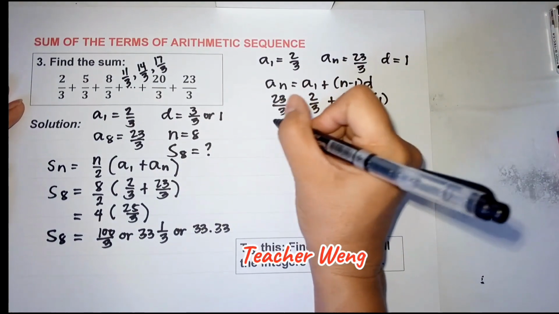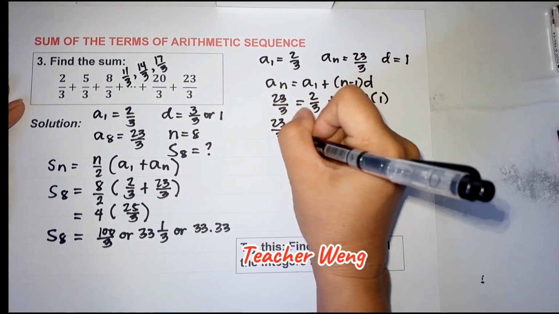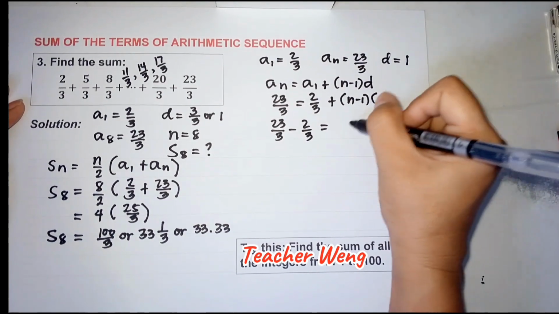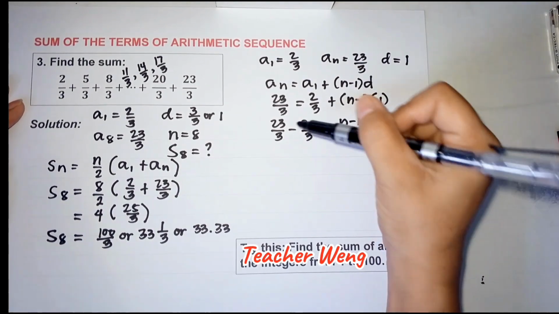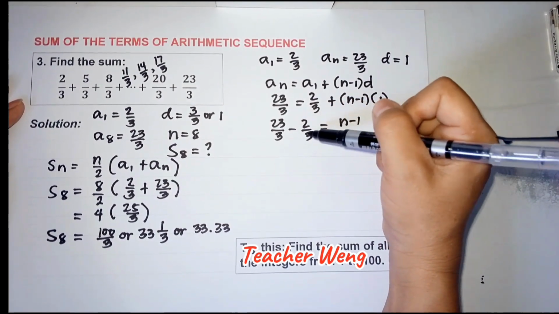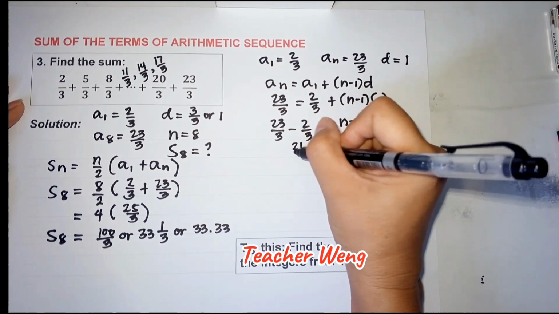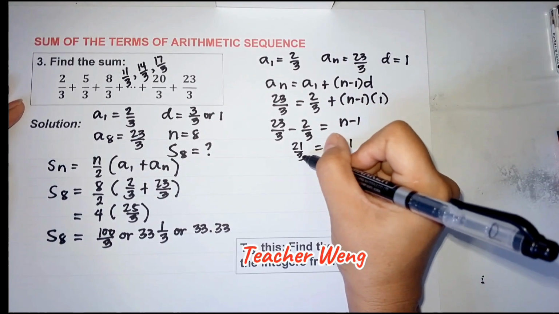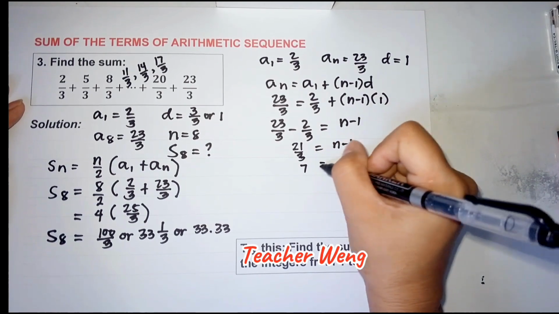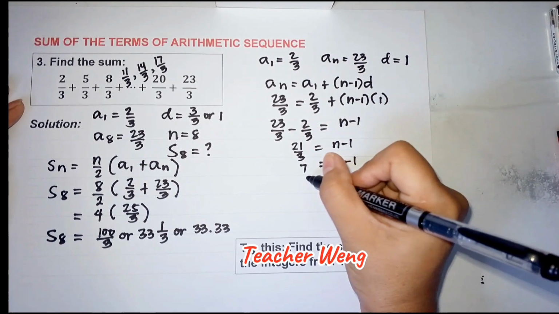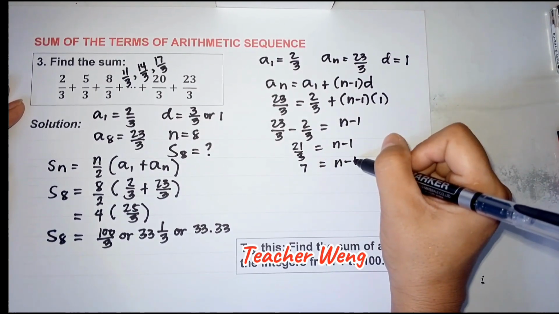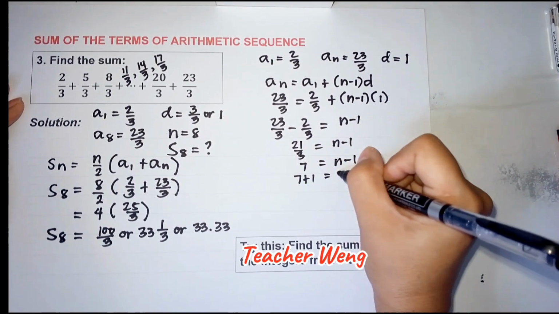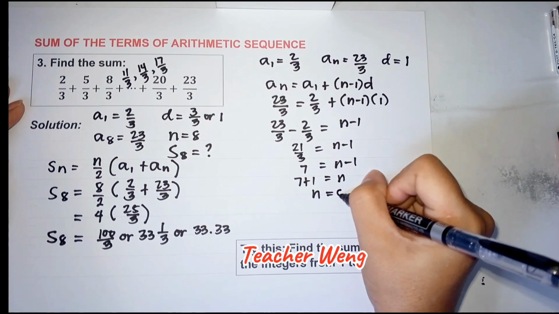Let's transpose 2/3. That will be 23 over 3 minus 2/3 equals n minus 1 times 1, which is n minus 1. Then 23 over 3 minus 2/3 is 21 over 3 equals n minus 1. Then 21 divided by 3 is 7 equals n minus 1. We have minus 1 at the right, so that will be 7 plus 1 equals n. So n is equal to 8.